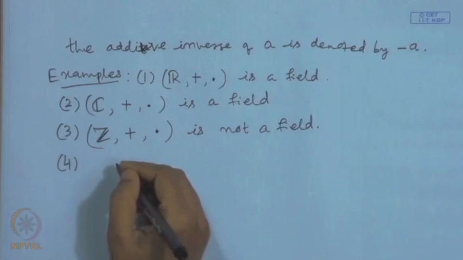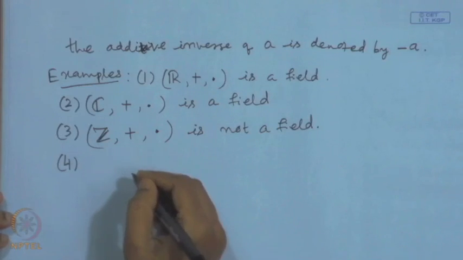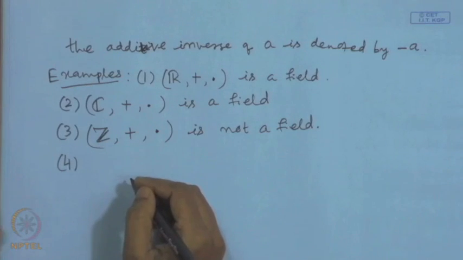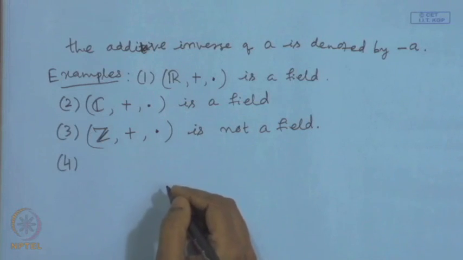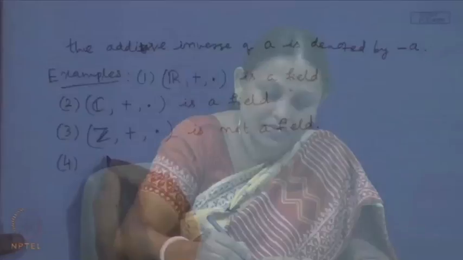So, the fourth example is an example of a finite field. Here all the examples we have given are examples of infinite fields. So, let us see one example of a finite field.